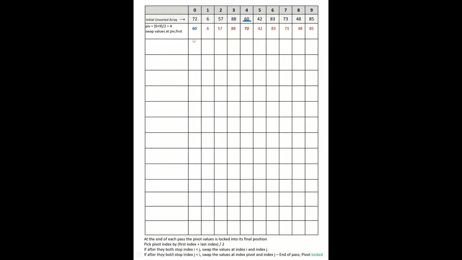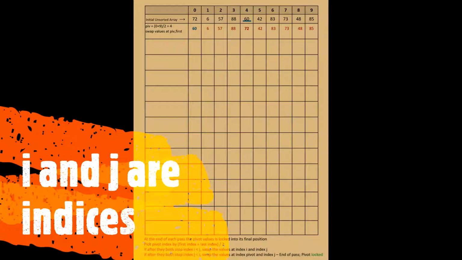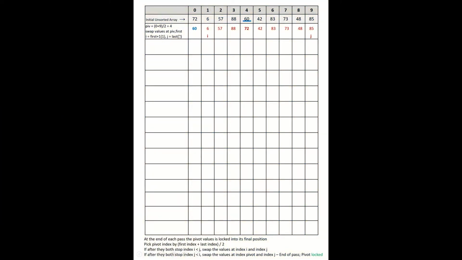Okay? So we're now ready to start walking through the array with I and J, which he calls lower and upper in the slide that shows the code. So we will always set I, i.e. lower, to first plus 1.